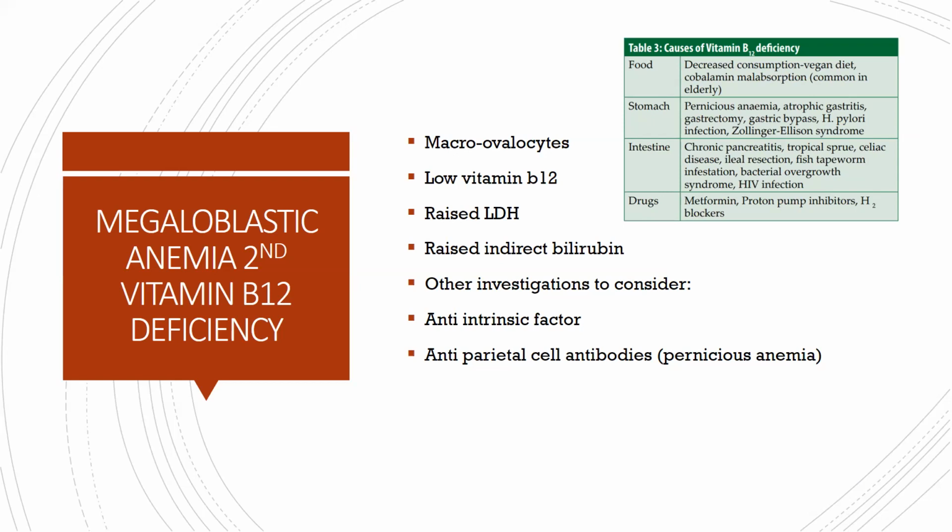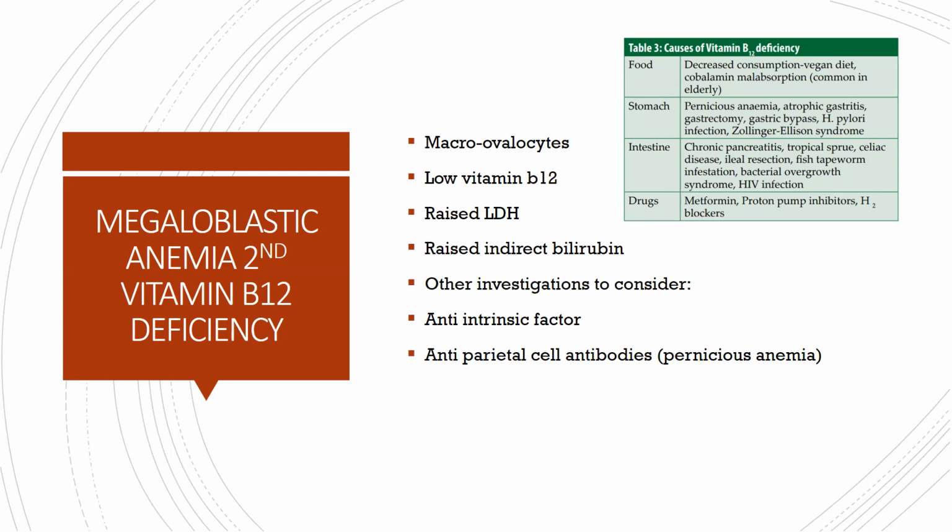Stomach, mainly pernicious anemia, atrophic gastritis, Zollinger-Ellison syndrome, H. pylori infection. For the intestines, it'll be celiac disease, any of those malabsorption, HIV infection, bacterial overgrowth syndrome. All of these will cause decreased absorption of vitamin B12.